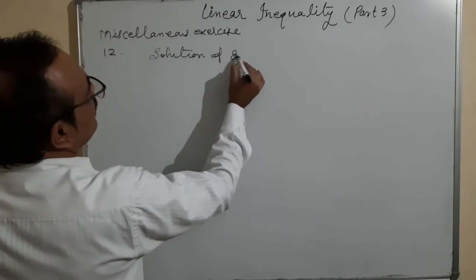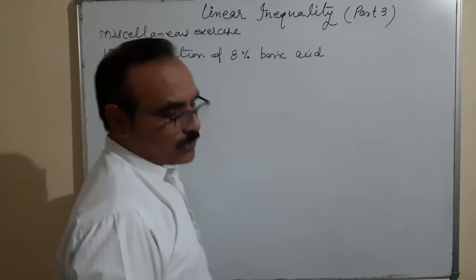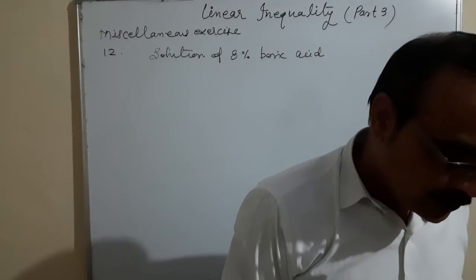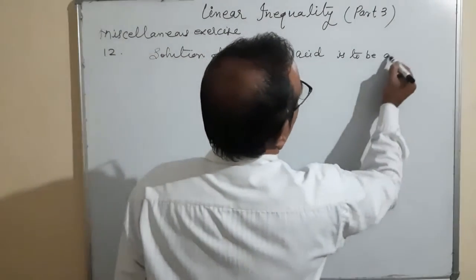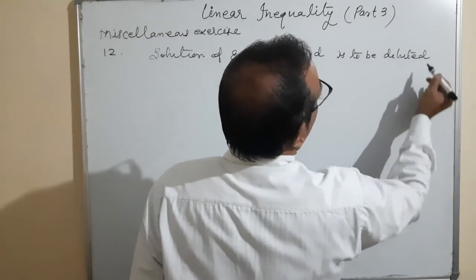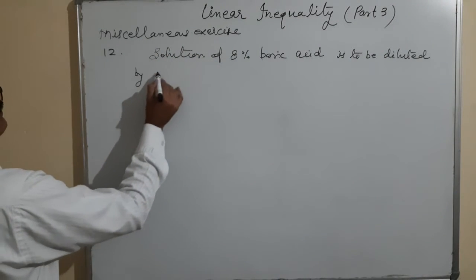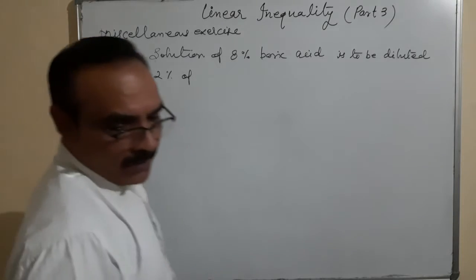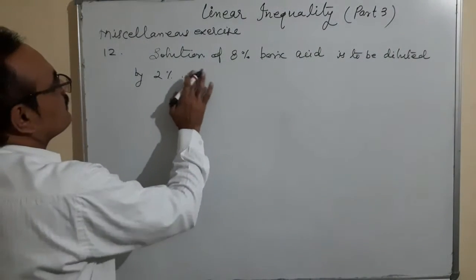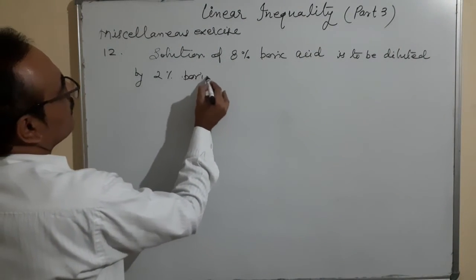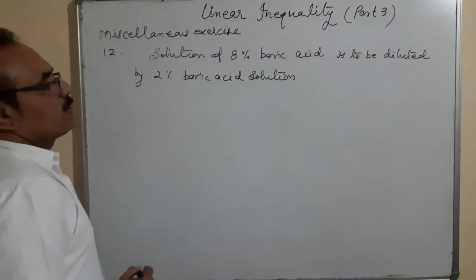A solution of 8% boric acid is to be diluted by 2% boric acid solution. Is it okay? This is the first line.